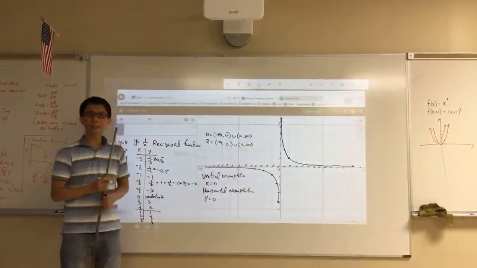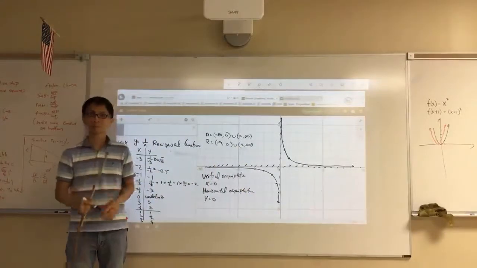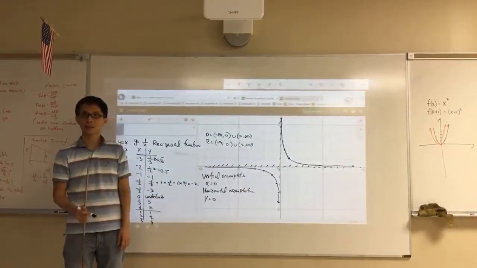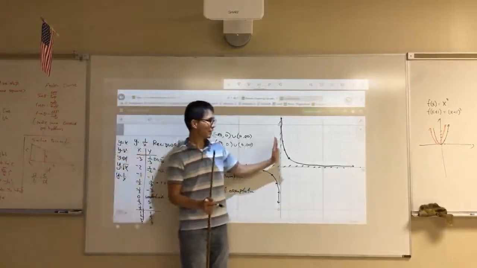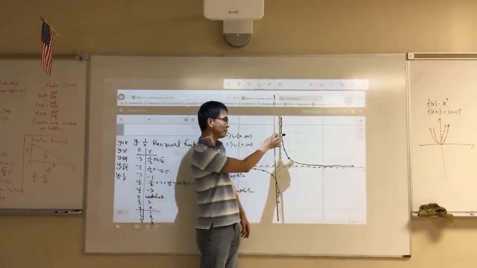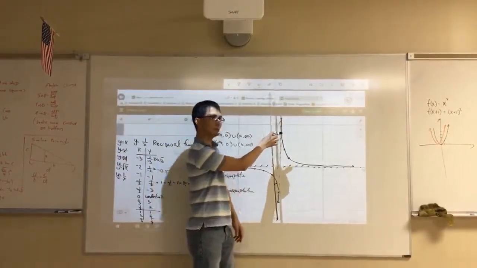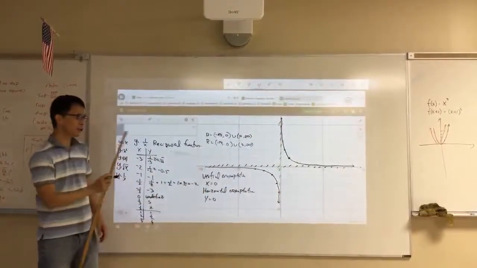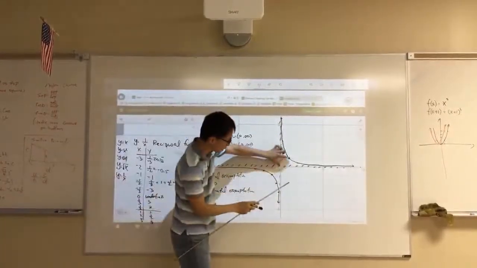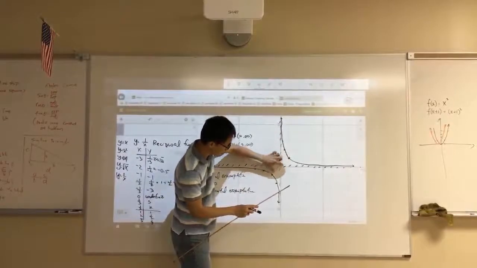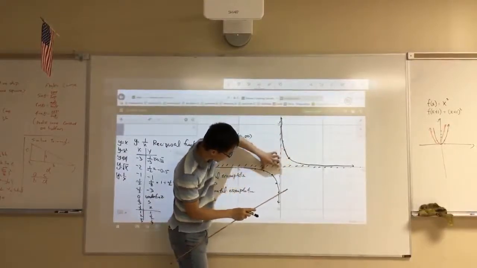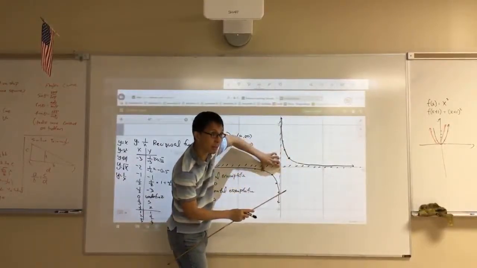Okay? Is this even or odd? Even? Wait, let me see. Are they even? Is this side equal to this side? No. But they do have an equal distance to this point though. Look at this point, this distance compared to this distance. Look at this distance compared to this distance. Are they the same?